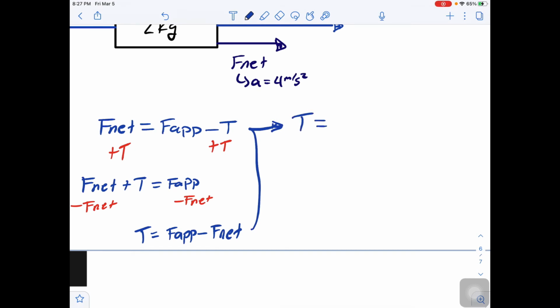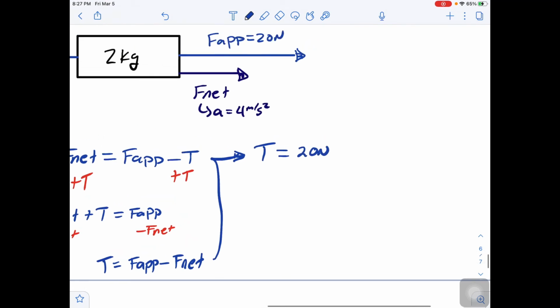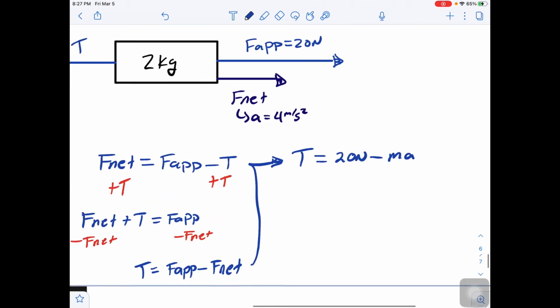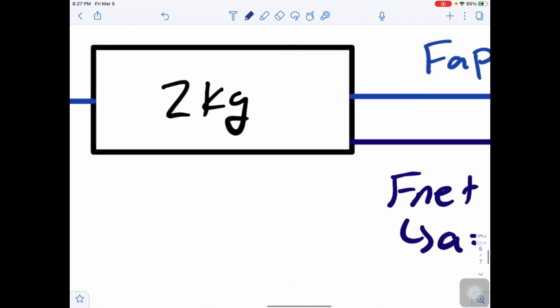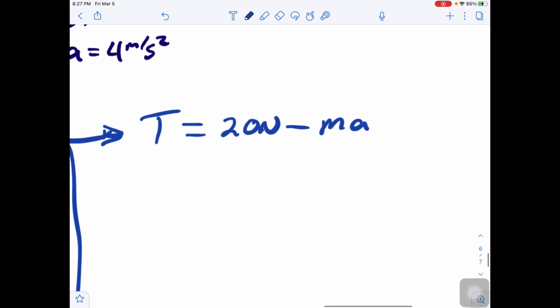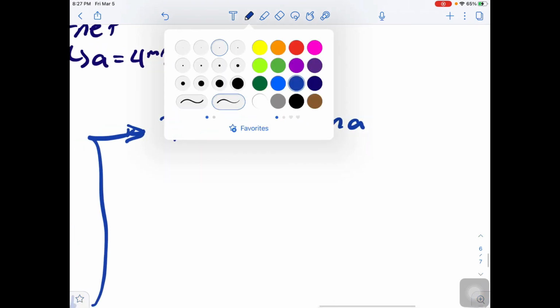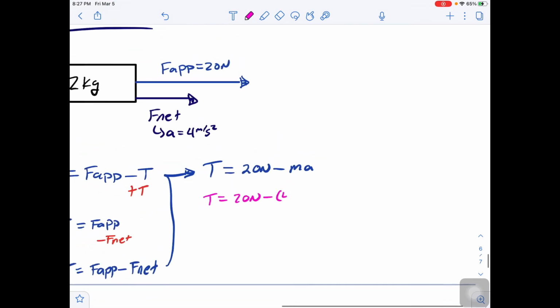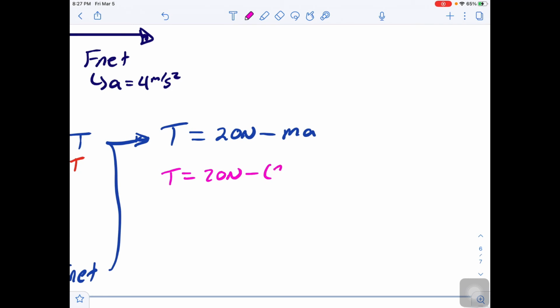So my tension is going to be my F applied, which we know is 20 newtons from the question, minus mass times acceleration. Now remember, we zoomed in on the 2 kilograms, so the net force is just talking about the 2 kilograms. So this will be 20 newtons minus the mass, which is 2 kilograms, times my acceleration.